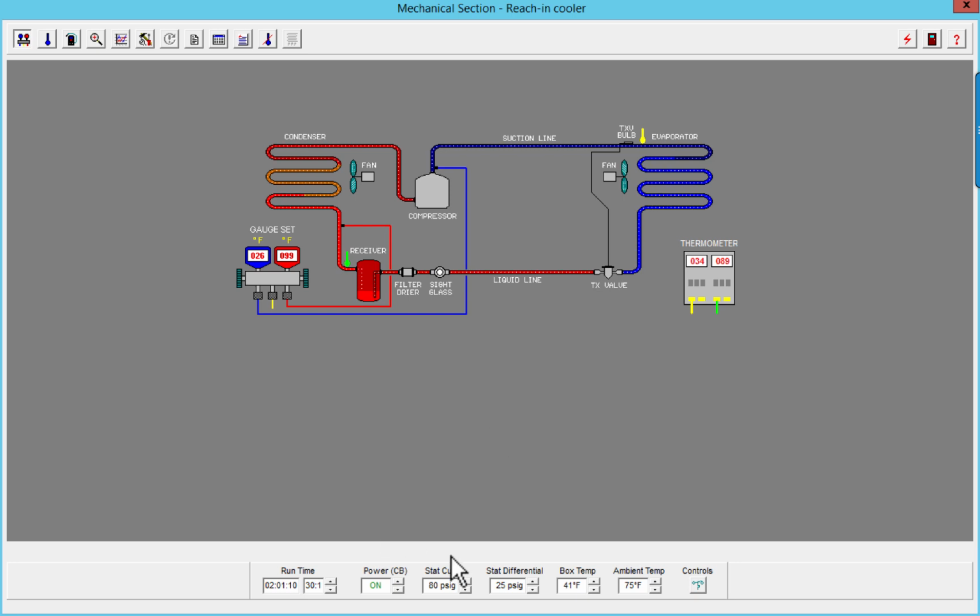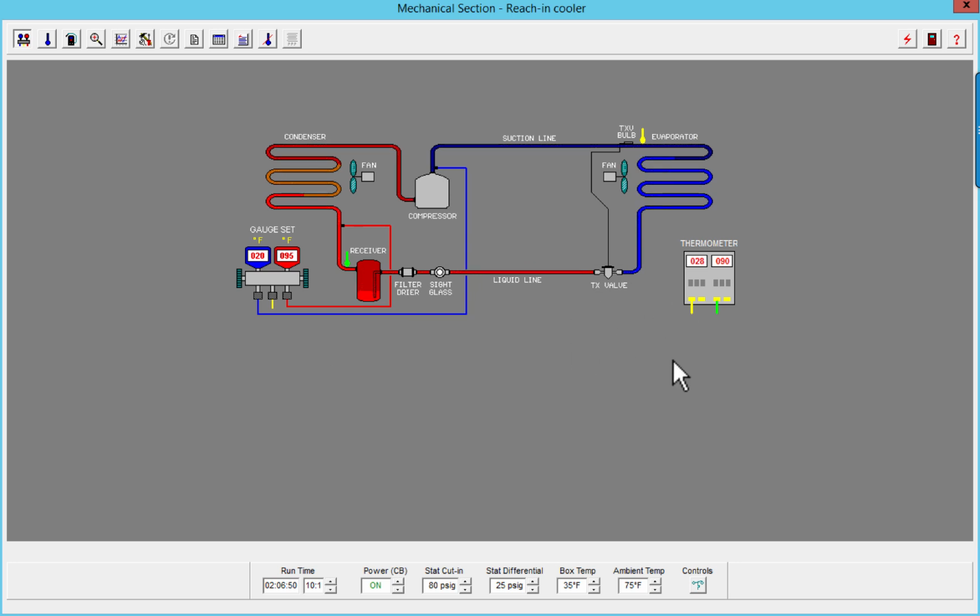We're going to repair that. Okay, now I have a system running. Look and see what's happening to that box temperature. That box temperature is falling. My pressures are going to start changing here eventually. Okay, so I have an 8-degree superheat.